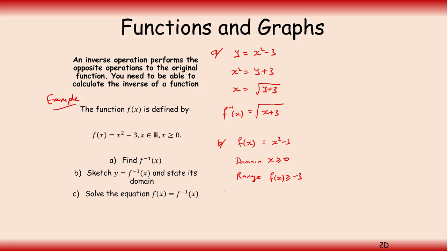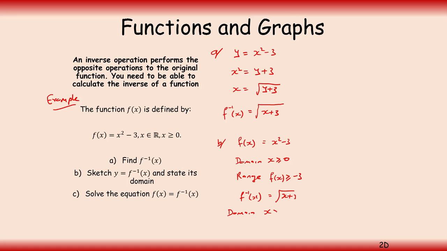If we look at the inverse function, f to the minus 1 of x, by definition, which is equal to the square root of x plus 3, its domain is going to be the range of the original.